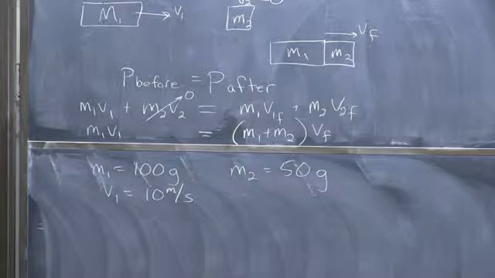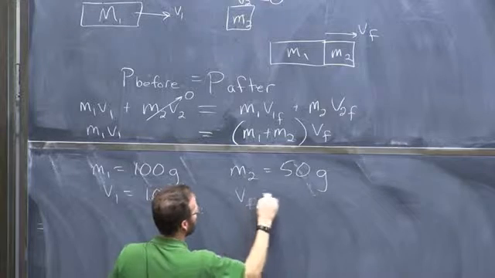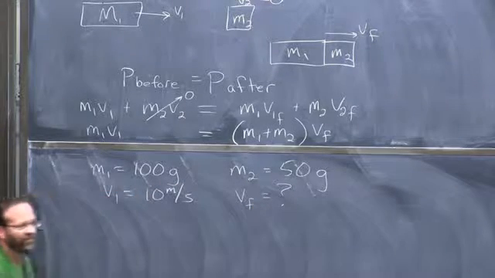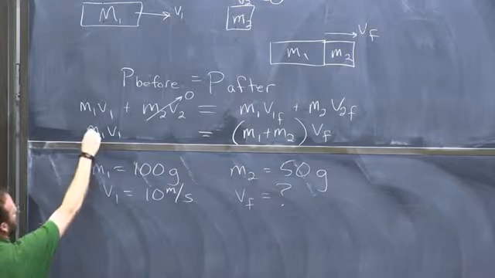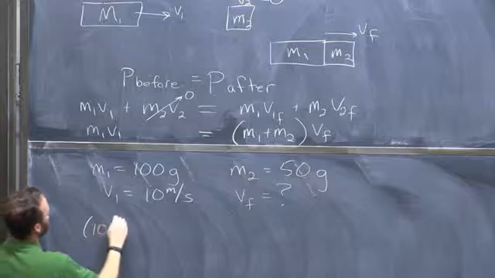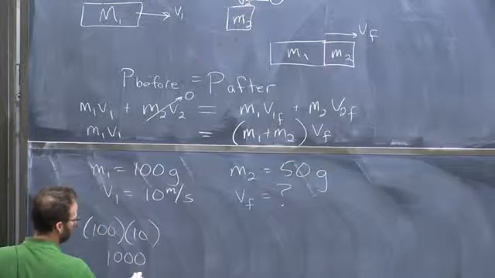We weren't going that fast, but that's all right. These are just numbers. So could you figure out what that final velocity is? I hope so. Because I've given you everything but that value. If we just put them in, we got 100 times 10. So we start out with 1,000 units of momentum.